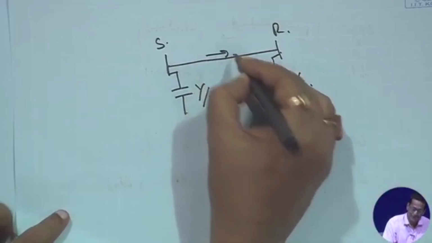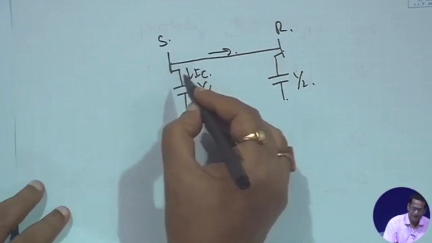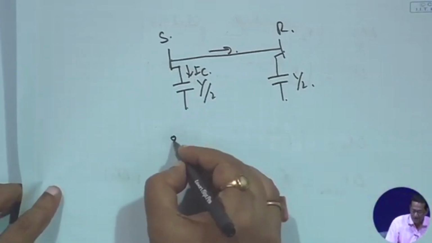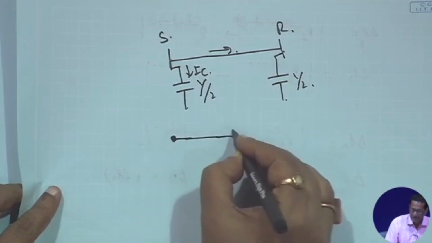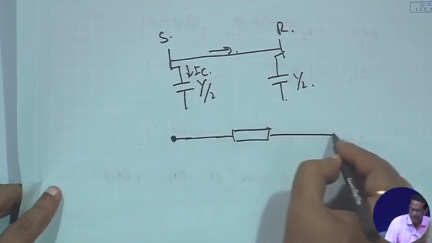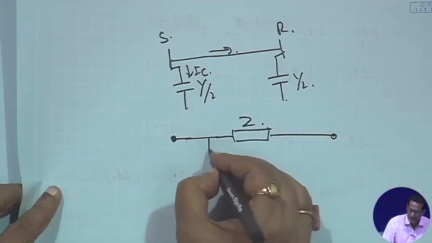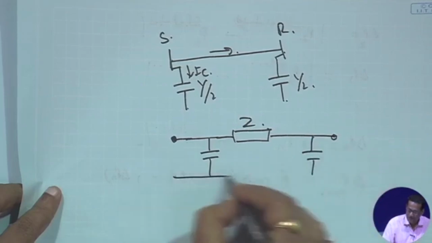This is the line current, and some current, say I c, goes to the shunt. This is the way we represent the line. This is the sending end, this is the line impedance Z, and on each side you have y by 2, with V s on one side and V r on the other.